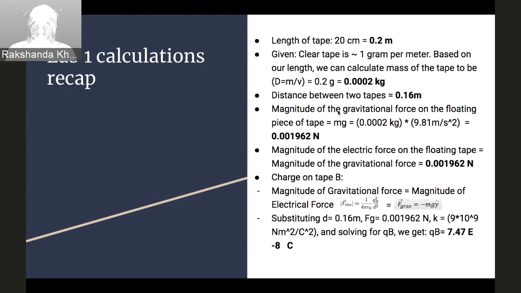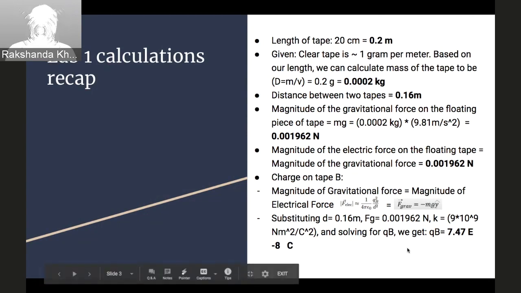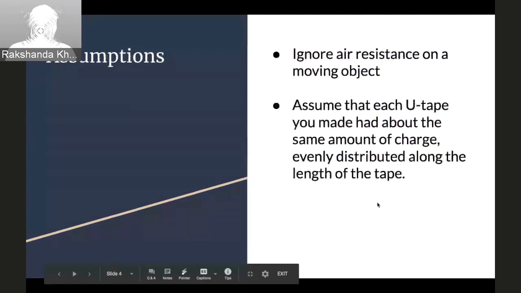The magnitude of gravitational force is equal to mass times acceleration due to gravity, and the magnitude of the electric force is equal to gravitational force, so we can equate these two equations together to solve for the charge on tape B, and we get this value.